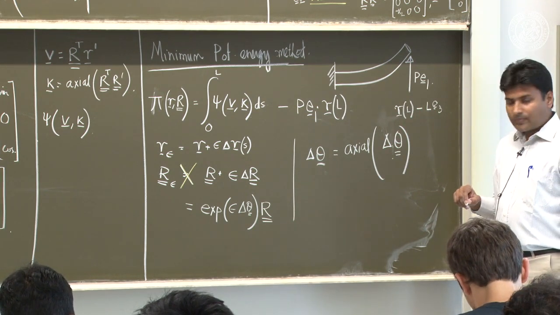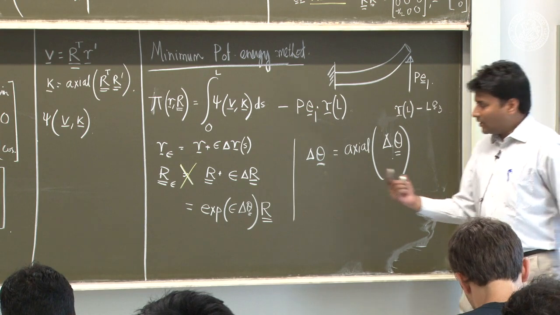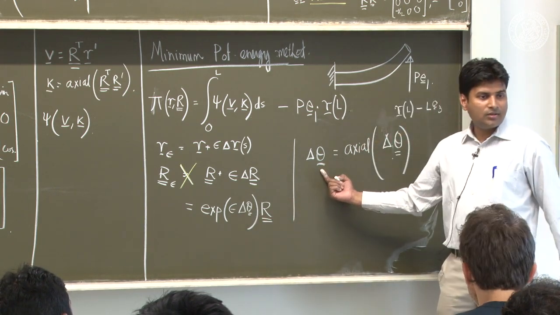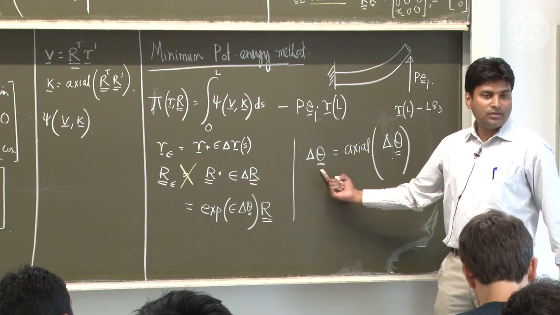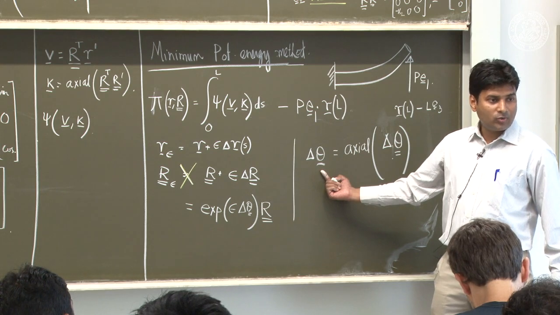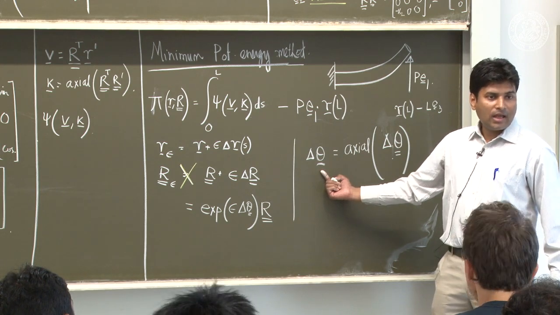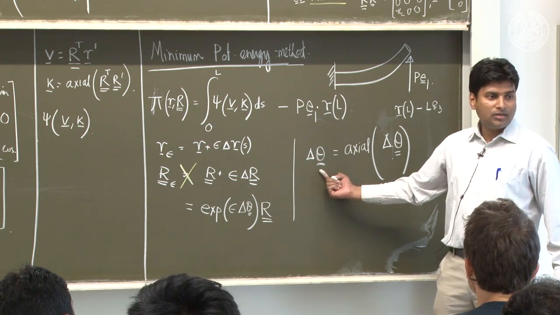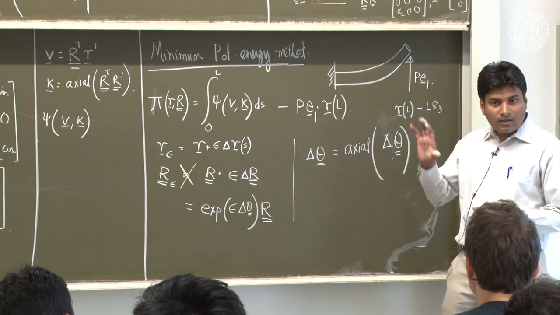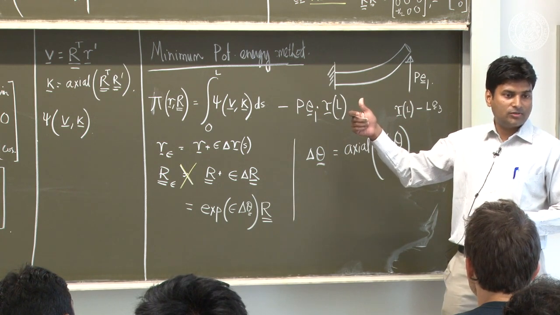Okay. So the direction of this little delta theta tells us the axis about which I am applying that extra rotation, and the magnitude of delta theta with epsilon tells us the angle by which I am applying that extra rotation.